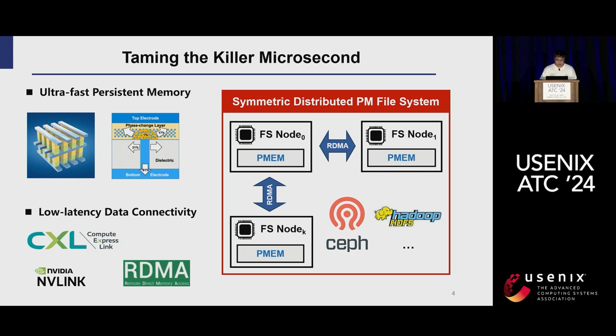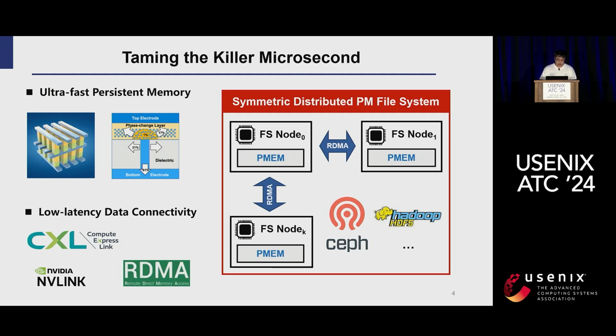In addition, a series of data connectivity technologies such as RDMA, NVIDIA NVLink, and forthcoming CXL enable transparent and low latency memory expansion. Existing distributed file systems extensively use those high-speed hardware.